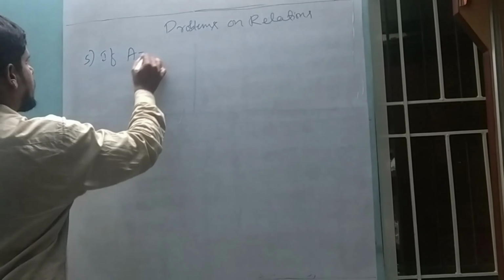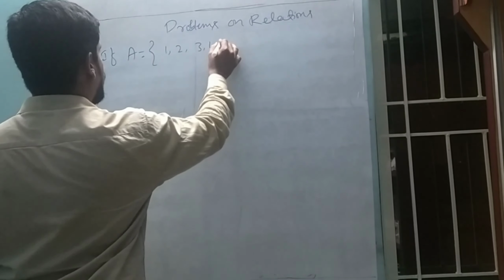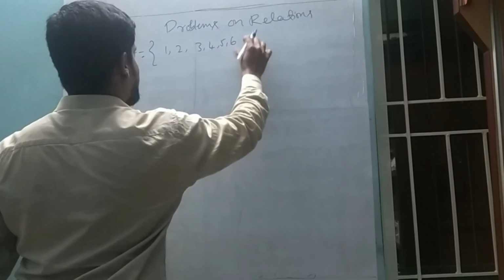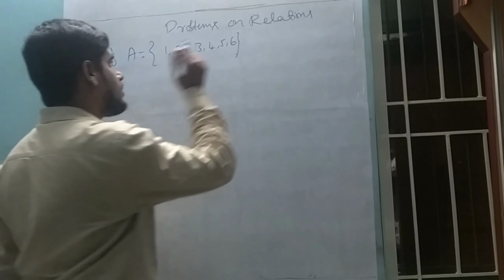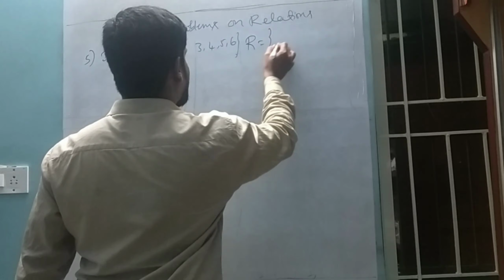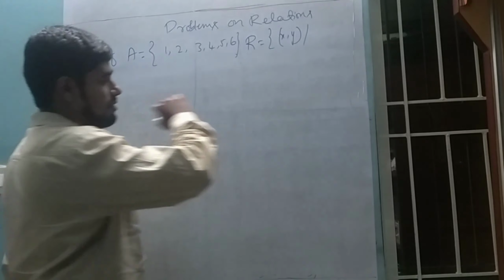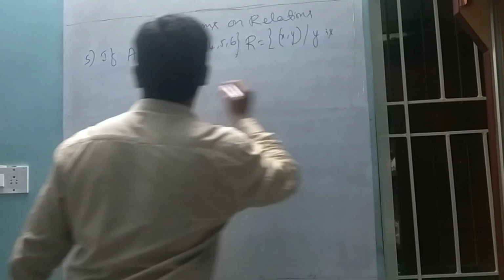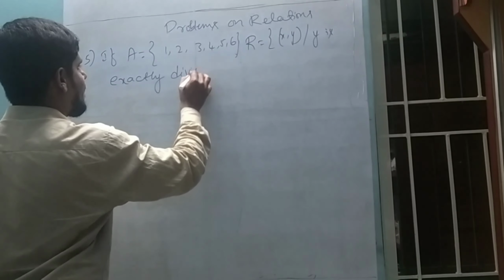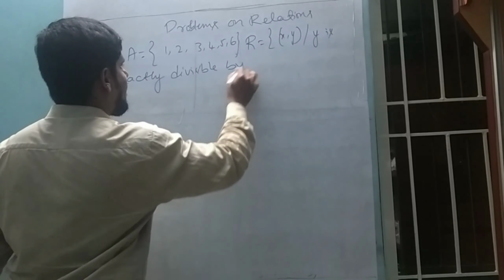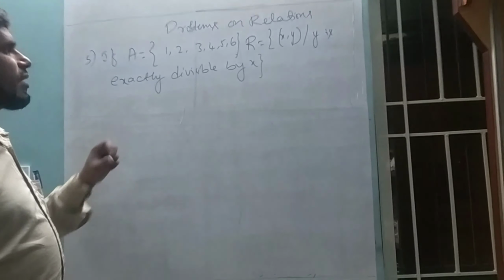If set A equals 1, 2, 3, 4, 5, 6, set A is having 6 elements, and the relation defined is (x, y) such that y is exactly divisible by x.